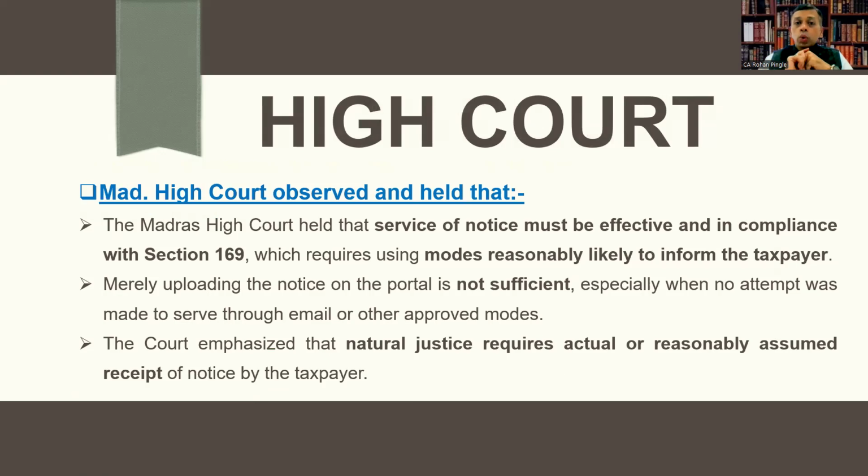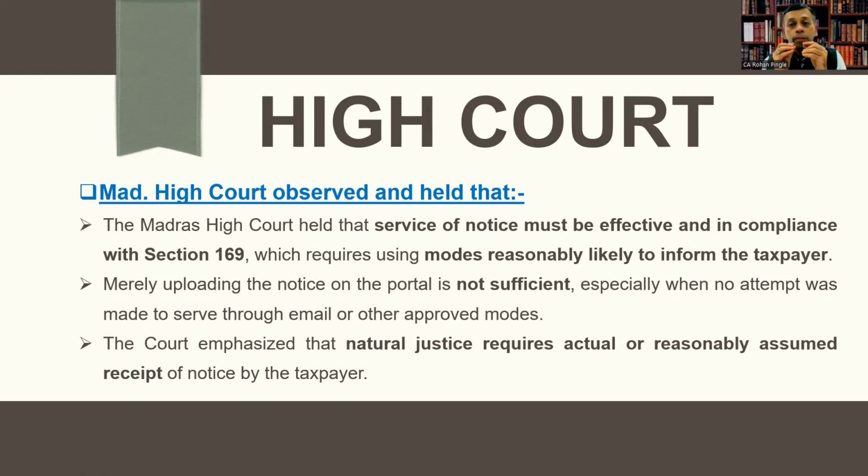The Madras High Court held that service of notice must be effective and in compliance with Section 169, which requires using modes reasonably likely to inform the taxpayer. That is the more important factor. It means that only uploading the notices or whatever communication on the portal is not a valid requirement from the department's point of view.